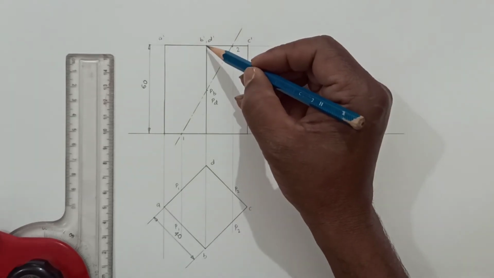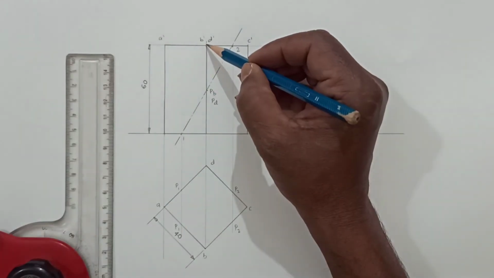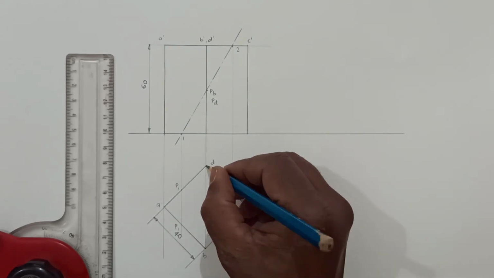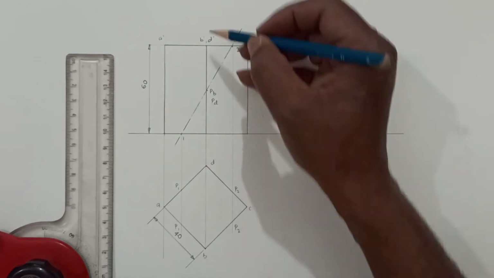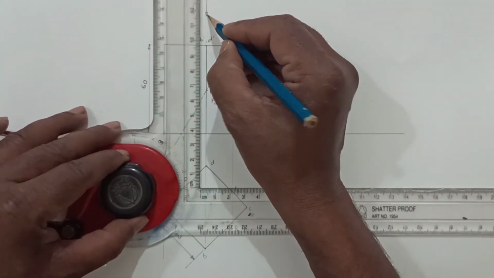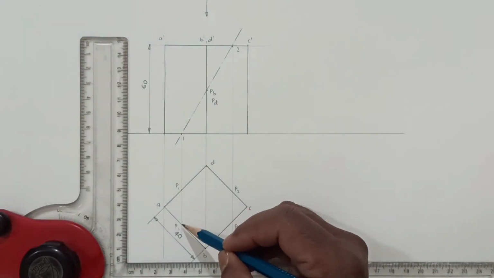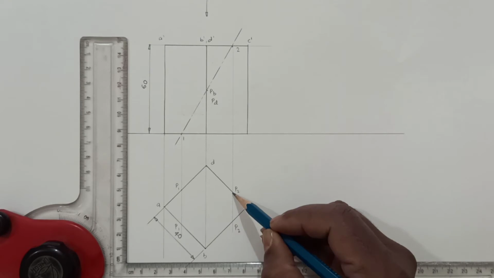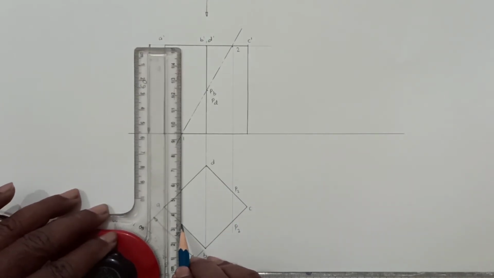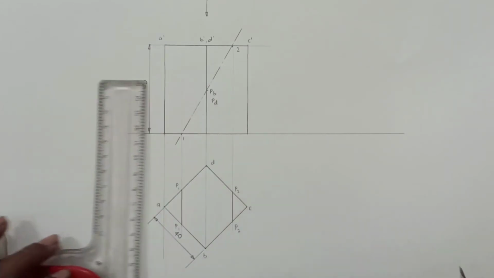Now these points lie on vertical edges B and D, so this will be the point B and this will be the point D. So for the sectional top view we have to consider these points. In this way we have to draw the sectional top view. The sectional top view will appear like this one.